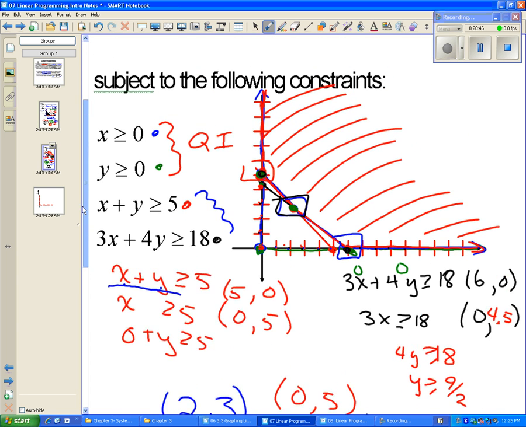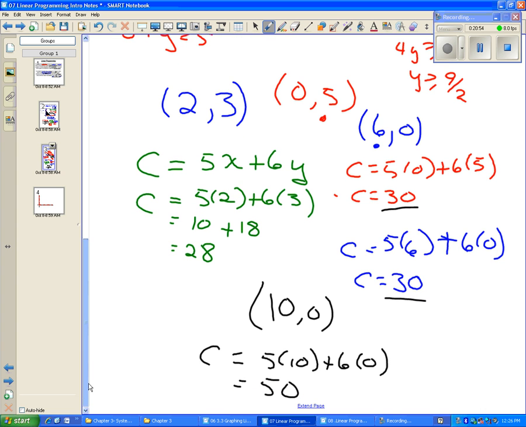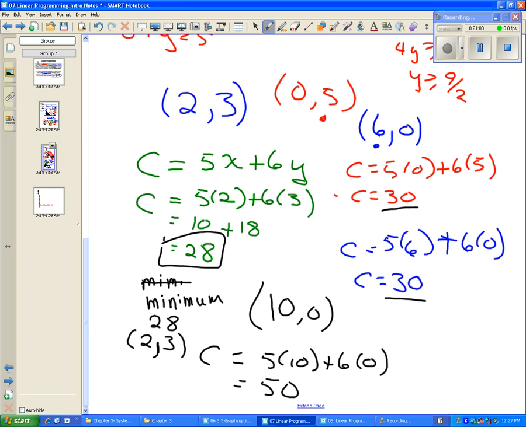This is not a bounded region. So I do have a minimum, and my minimum is 28. Minimum of 28 at the point 2, 3. But there is no maximum.